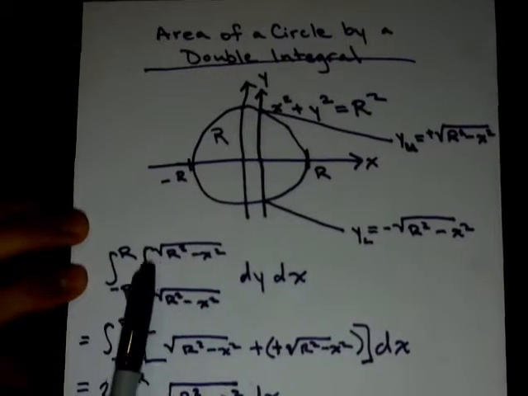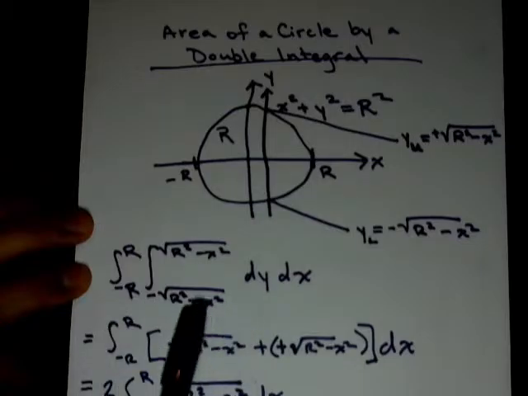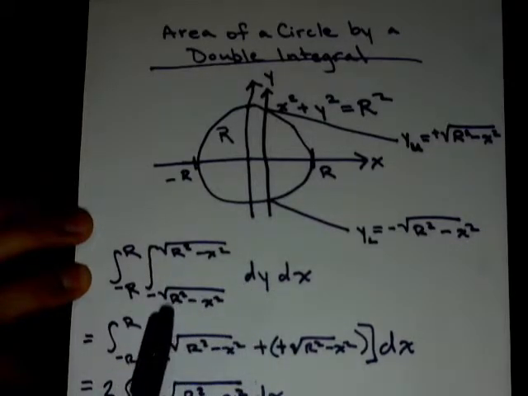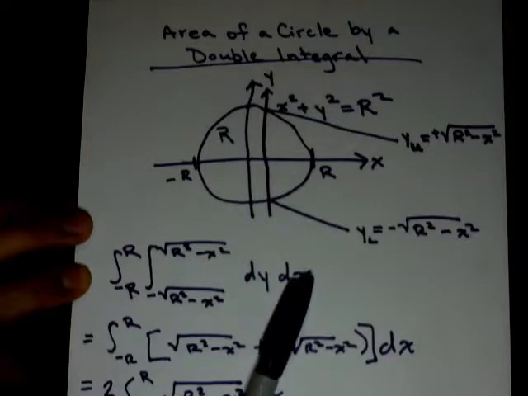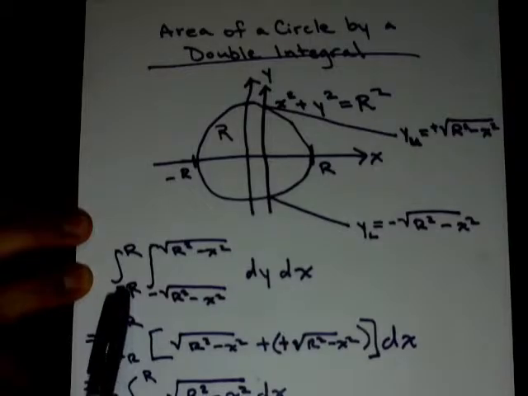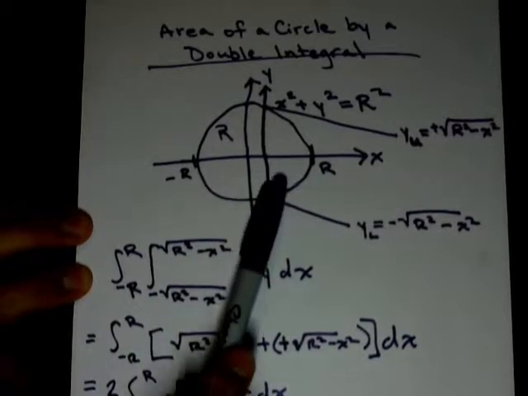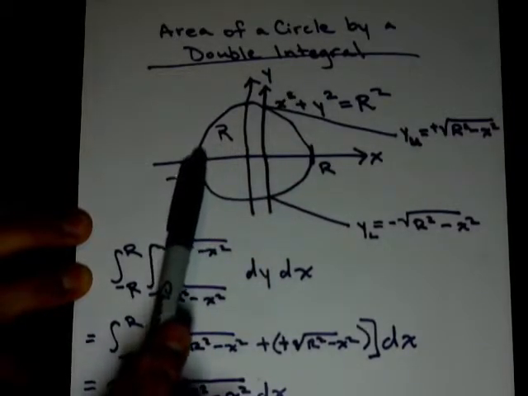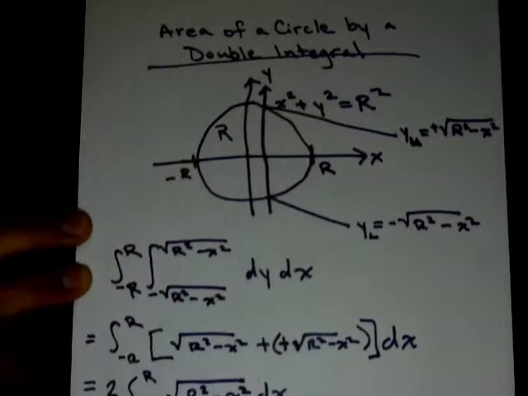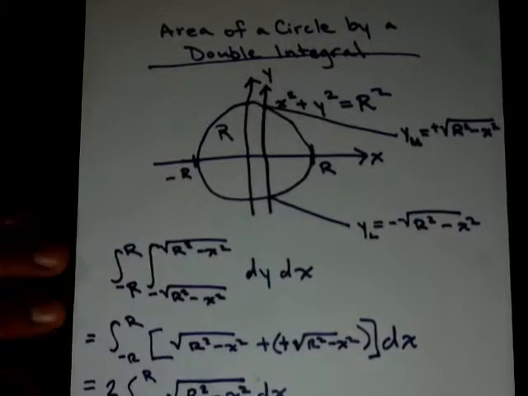And we're just going to put in our integration values for y here in our integral, and our x values for our limits of integration are going to be all the values of x that include all these vertical lines. So it's going to add up all these lines here, and it's going to give us our area for the circle.